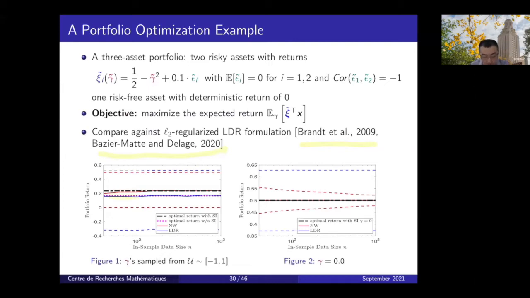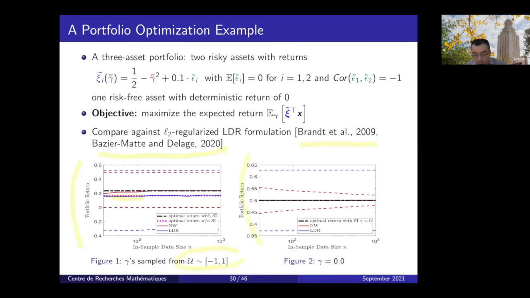The pink dotted line here is the returns of a decision maker who does not take into account the side information. This is the out of sample returns for randomly generated gamma.